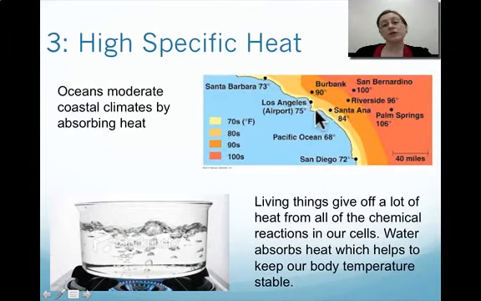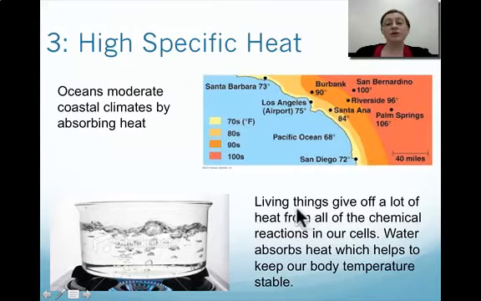If you look at the coastal areas, their temperatures stay relatively moderate as the temperature goes up during the warmer seasons. But when you look a little further inland, whoa, 96, 106, I mean, that's crazy. Look how much warmer it is compared to the coastal area. The reason is because the oceans are able to absorb a lot of the heat and hold on to it, which means that the local area, the land here, is not going to be as affected by the temperature change.